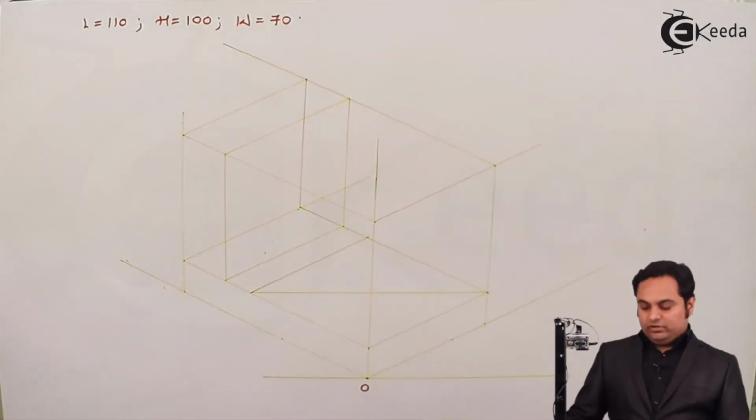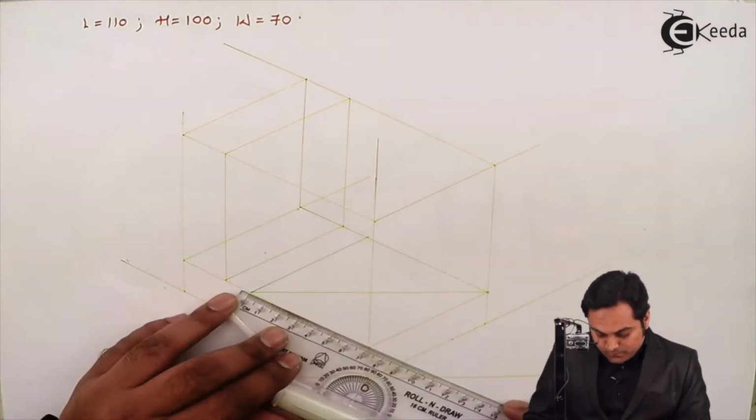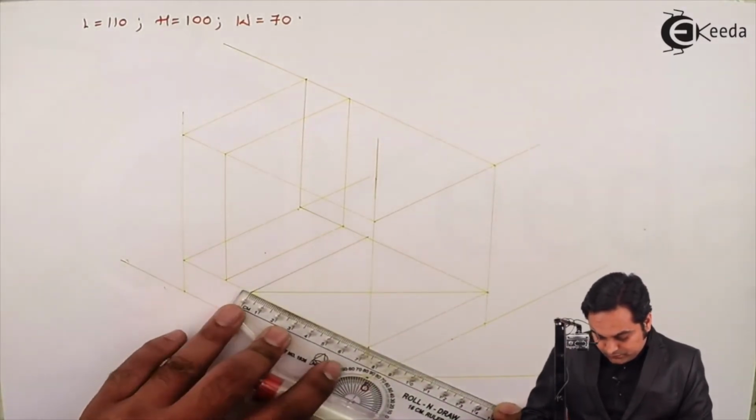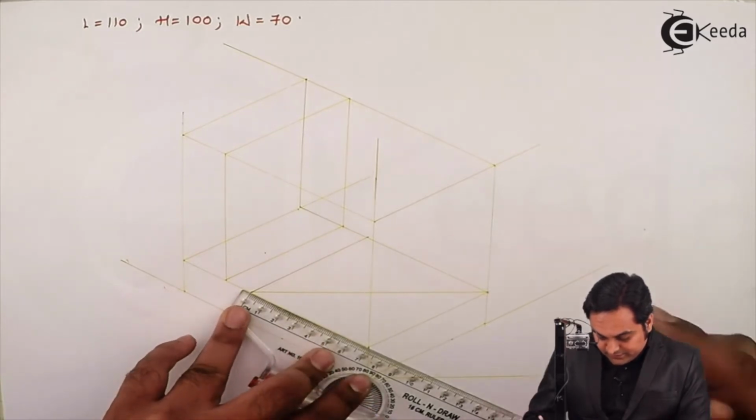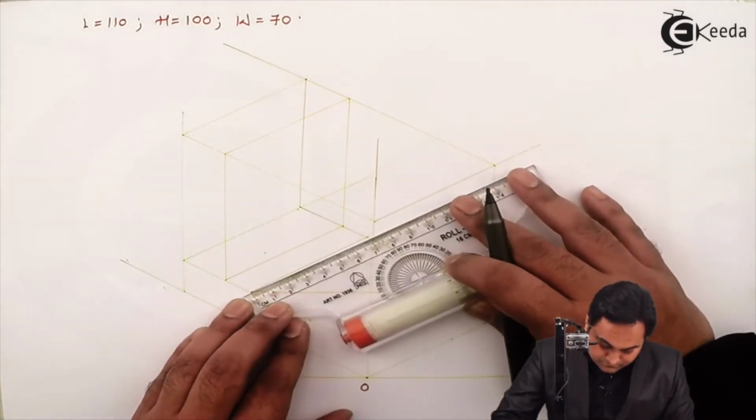Then after getting the longer diagonal, I'll get the midpoint of each of the sides. So here I have 70 mm length. I am taking its midpoint at 35 mm.